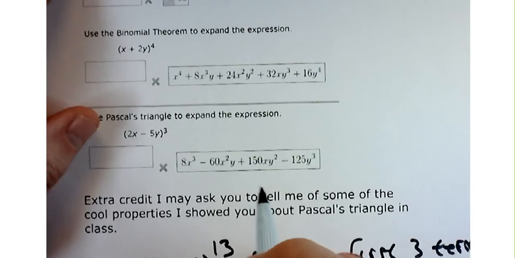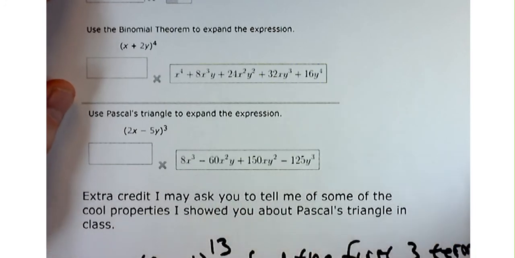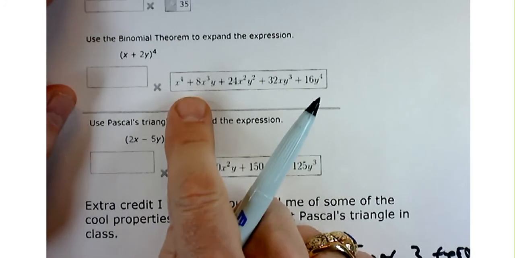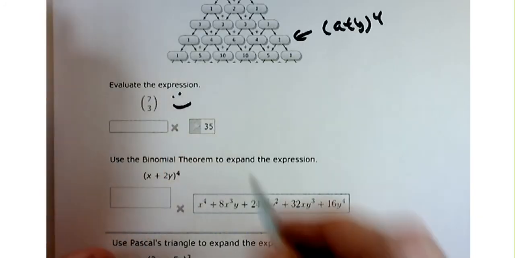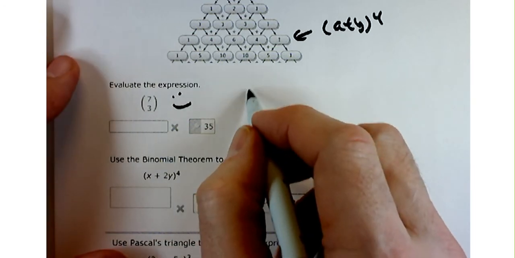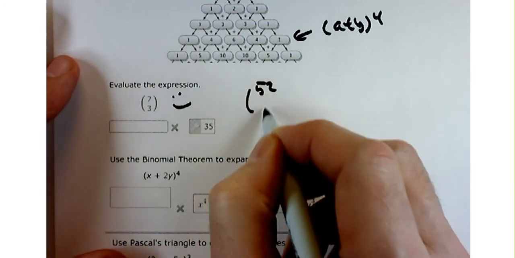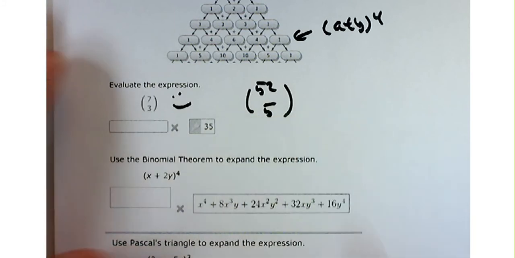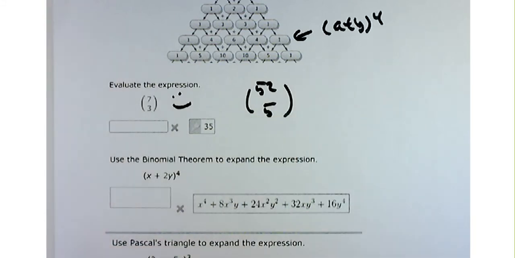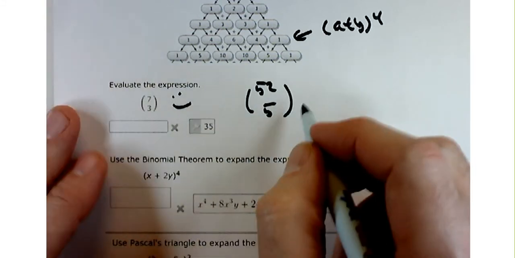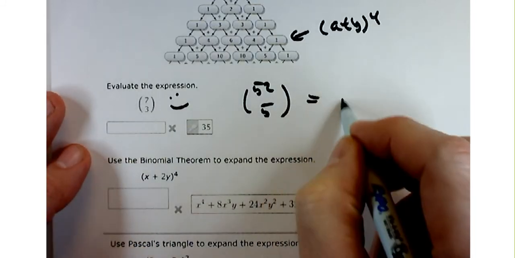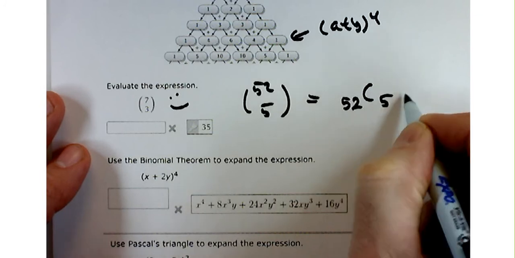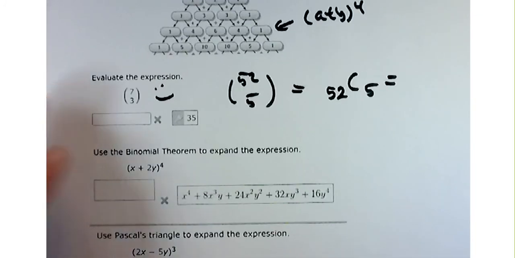You could also do that with the binomial theorem. You should be able to find these numbers from your calculator. So a lot of times I do some interesting ones like 52 choose 5. That's the number of possible 5-card hands you could deal out of a deck. It's just a little bit less than 2.6 million. You could also write that as 52 choose 5 like that and get that from your calculator.